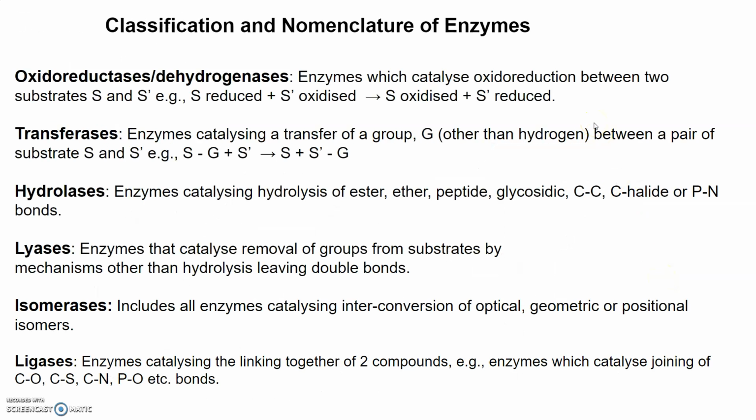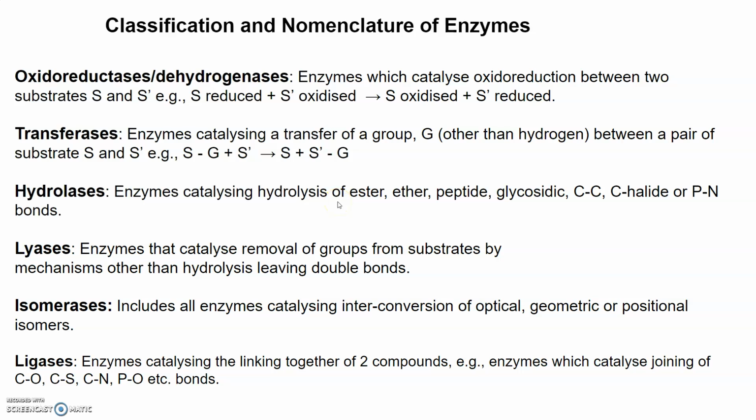Classification and nomenclature of enzymes. Enzymes are of various types, like oxidoreductases or dehydrogenases. They catalyze oxidoreduction reactions between substrates, so one substrate is reduced and one is oxidized. Another is transferases, the enzymes which catalyze the transfer of a group between a pair of substrates.